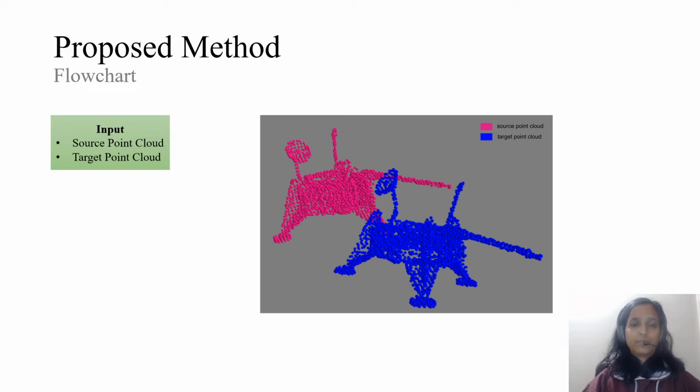Proposed method. Now we discuss our proposed algorithm for non-rigid registration of rigid objects with rigid moving parts. We explain our algorithm with an example registration task on a model of the NASA lunar lander. The source and target point clouds are shown in the figure on the right.